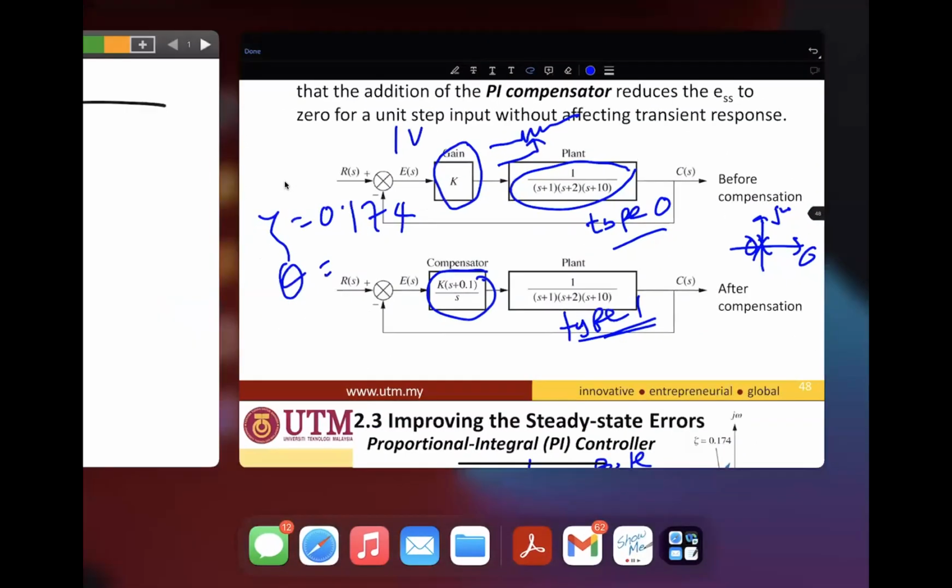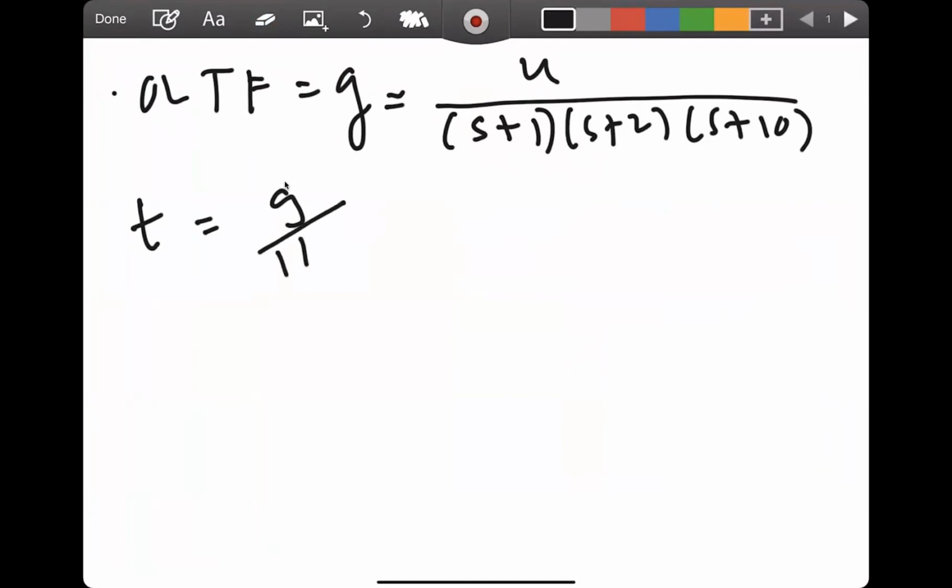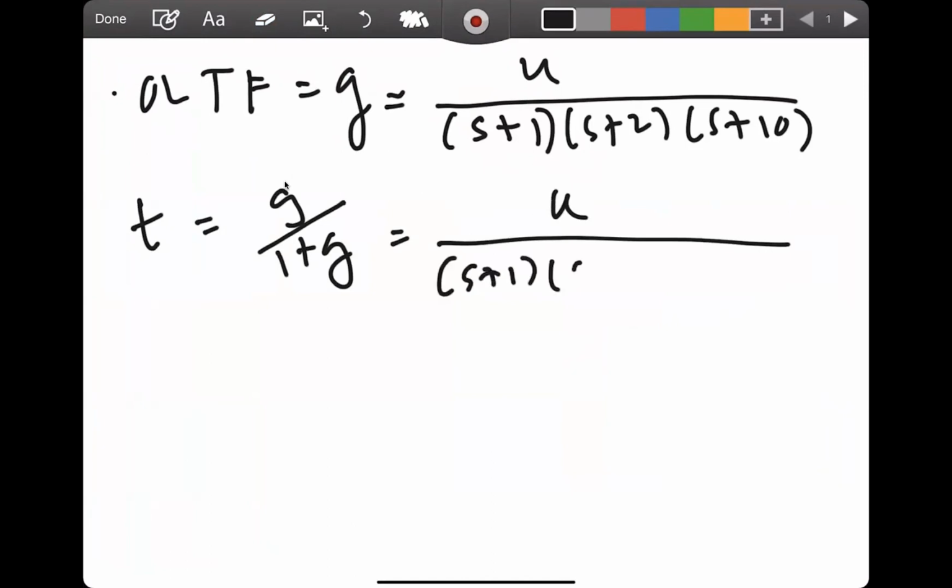All right, thank you. And then the closed loop transfer function is T equals G over 1 plus G. So you will get K over (s plus 1)(s plus 2)(s plus 10) plus K.